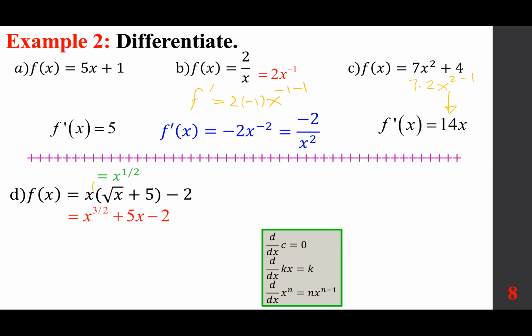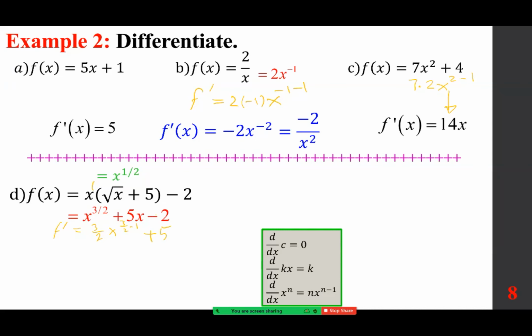That's algebra. Now, the calculus step is here. F prime is 3/2 x to the power of 3/2 minus 1, plus 5x gives us 5.